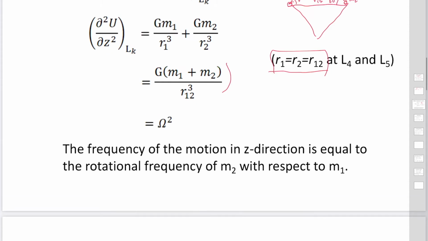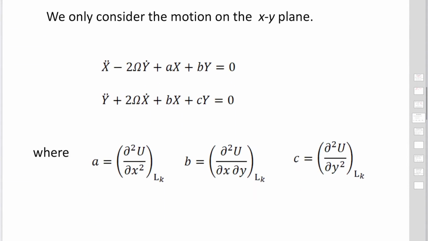Okay. Then we don't have to consider the equation in the z direction. We only consider the motion on the xy plane. So we have two equations, and A, B, C are just constant values.